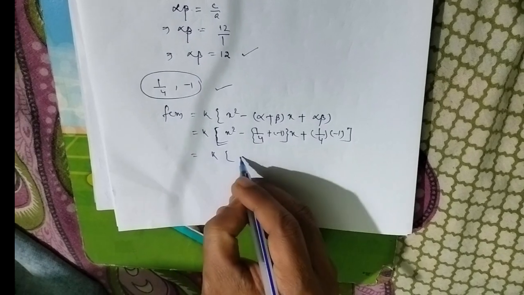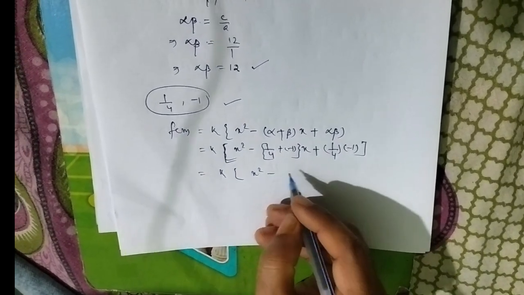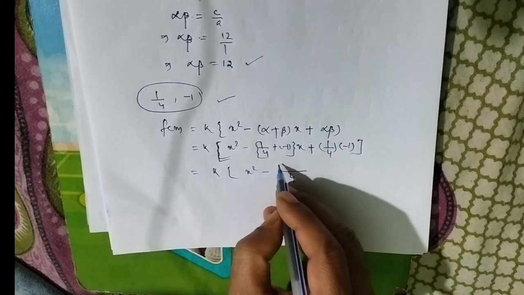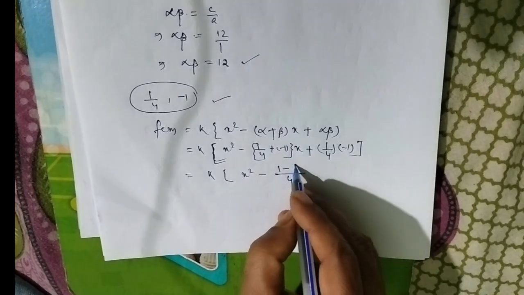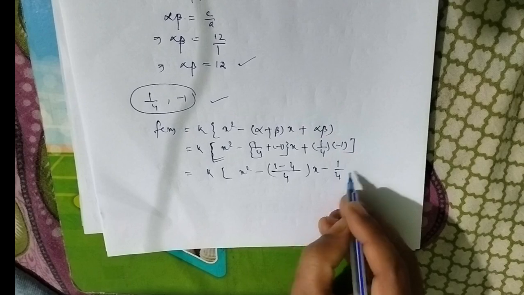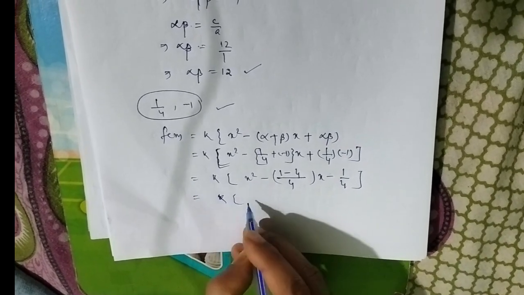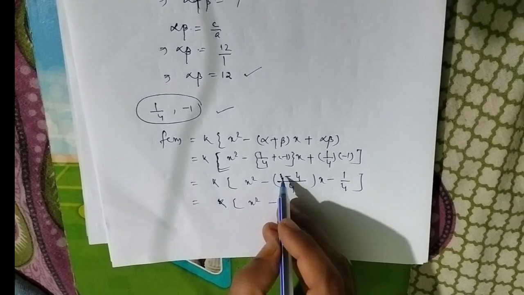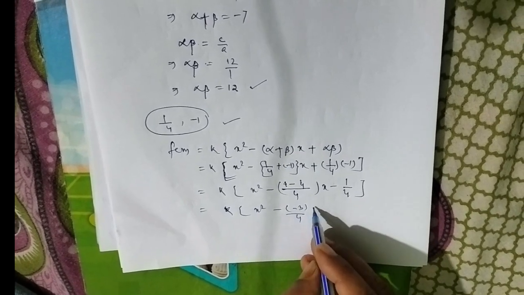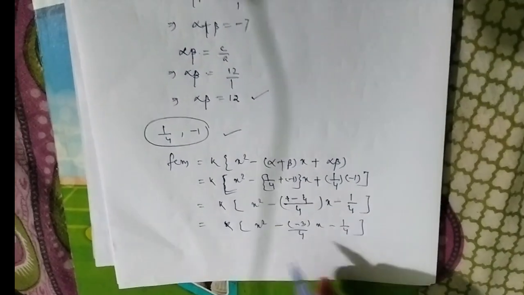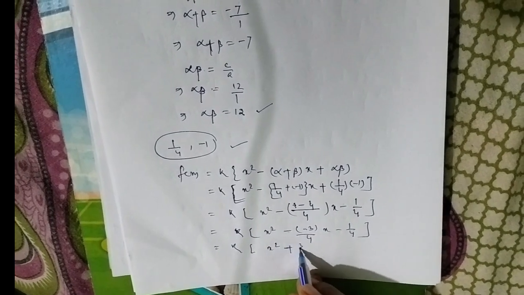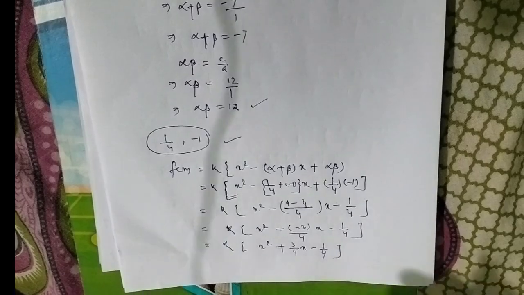Then k into x square minus, LCM 4, 1 minus 4 is minus 3 by 4, into x minus 1 by 4, which is equal to k into x square plus 3 by 4 x minus 1 by 4.